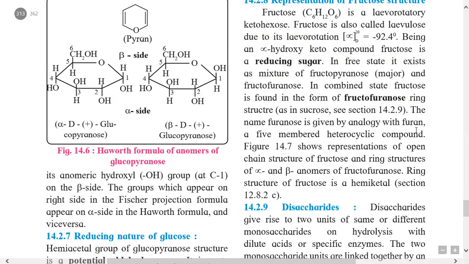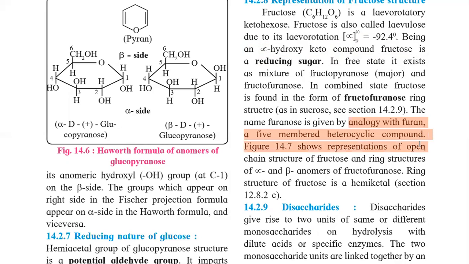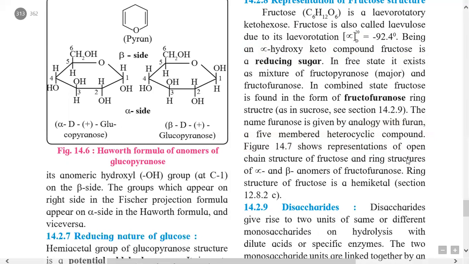The name fructofuranose is given because of the analogy with furan. The structure is similar to furan, hence the name. It is a 5-membered heterocyclic ring compound, and we will study how the alpha anomer and beta anomer of fructose can be drawn easily.